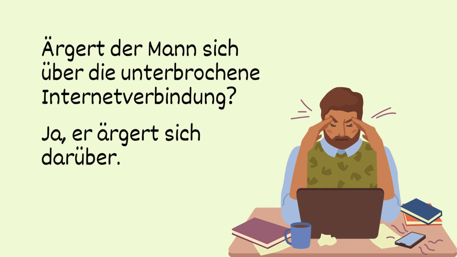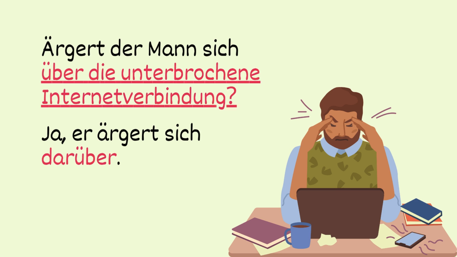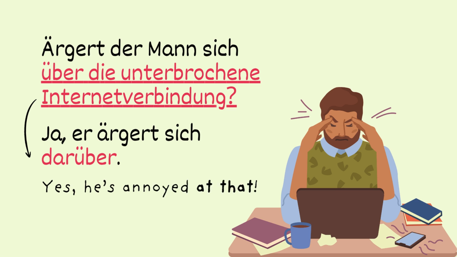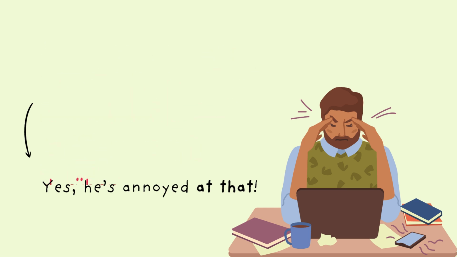Ja, ärgert sich darüber. So what happened here is, to avoid repeating this entire unit here, we use da plus über, the preposition used in the example. Ärgert sich darüber. He is annoyed by that.